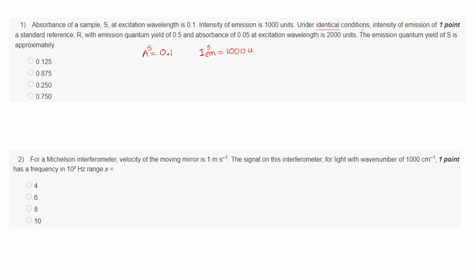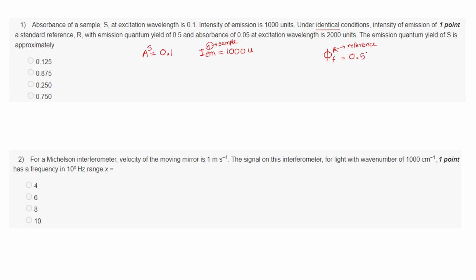Under identical conditions, for a standard reference, the emission quantum yield, phi f of the reference, here we are denoting S for sample, is given as 0.5. That is the standard solution.